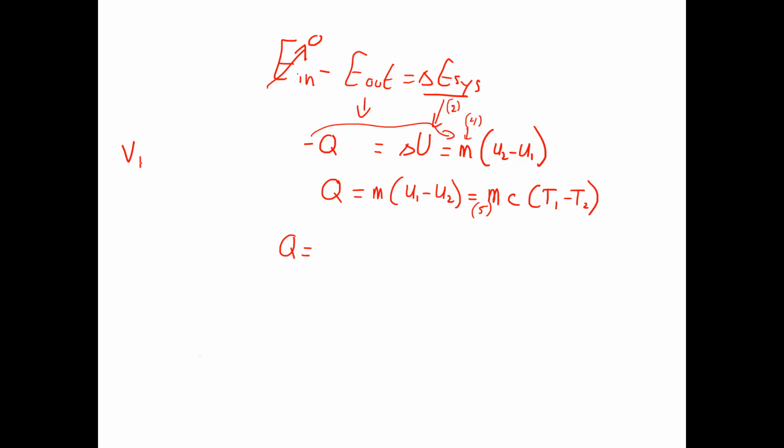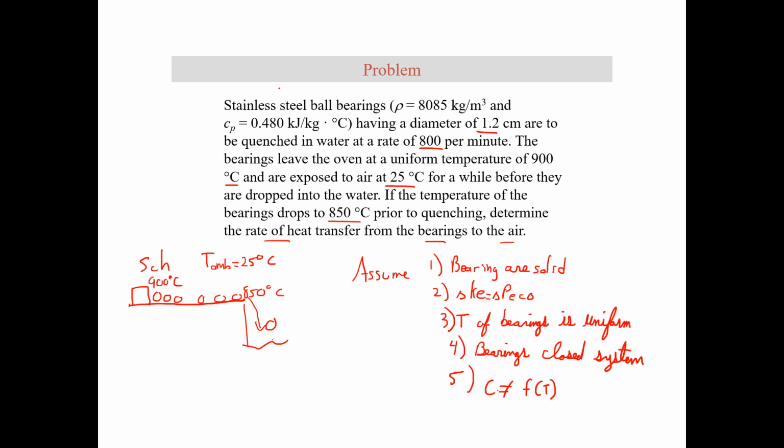If I first look at the volume of a ball bearing, it's spherical, so the volume of a spherical object is 4/3 pi r cubed. In the problem, do they give you anything to find the volume?